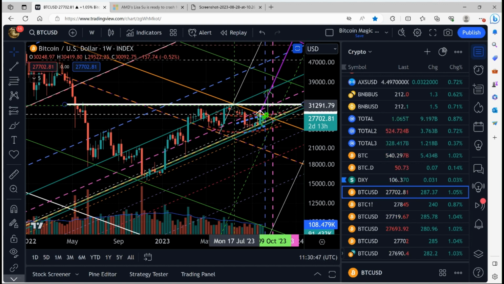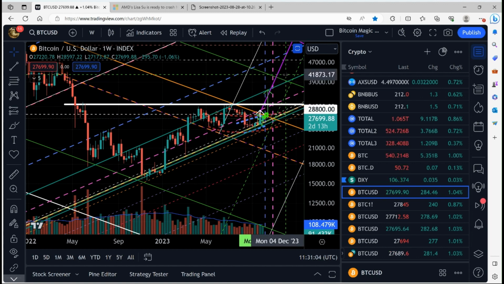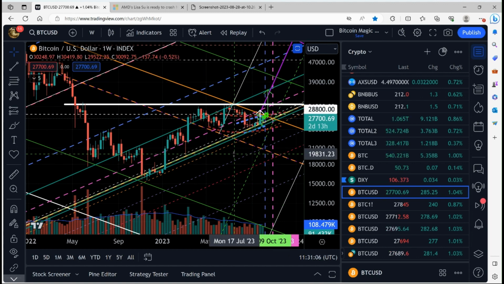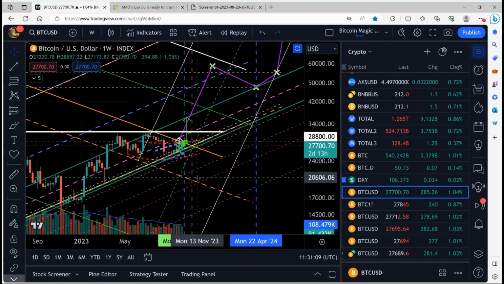This is a nice ascending triangle right here with the top at about 31,005 or so. And we're tightening into this apex here, and big moves are coming, and it's not going to be down, boys and girls. Even if it was, I don't see us coming down.